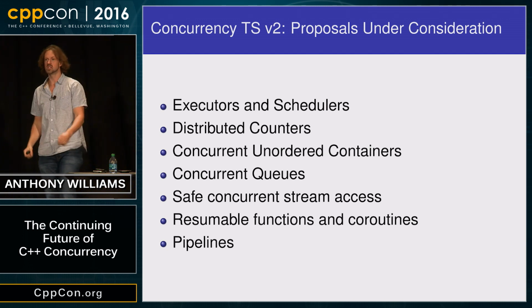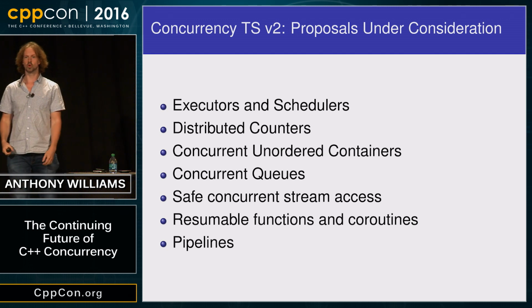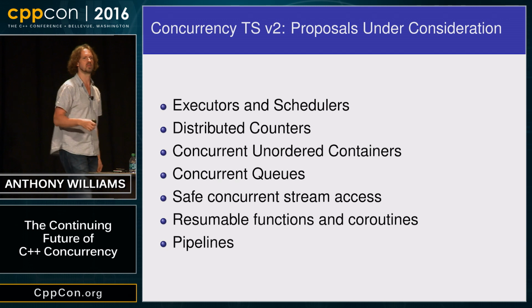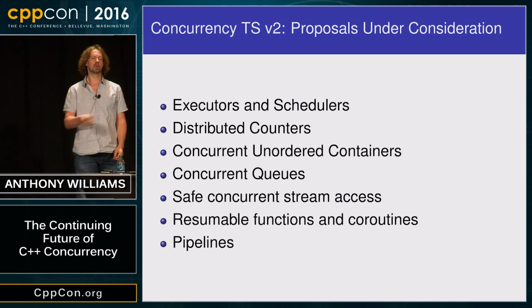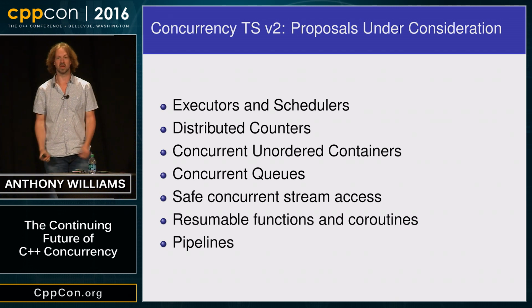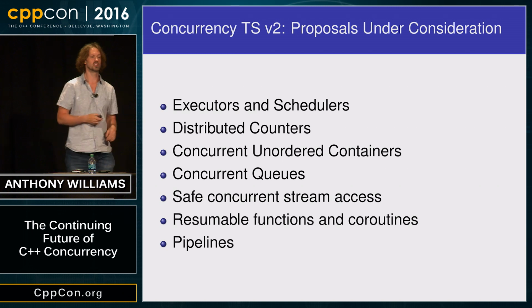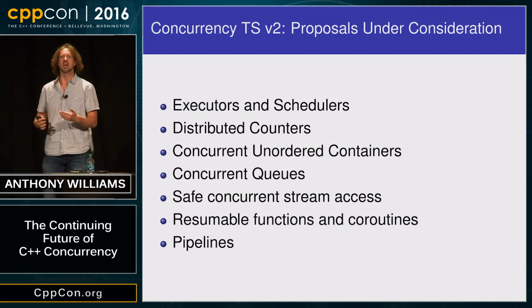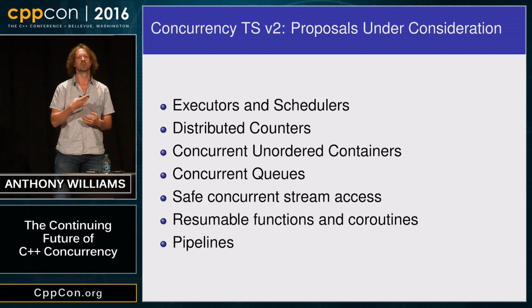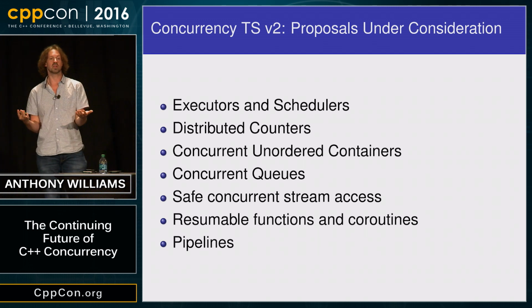Resumable functions and coroutines. There's a whole bunch of talks on that today. The guys I spoke to yesterday had put up a slide and said that it was like a mini coroutine con. So yeah, there's a whole bunch of stuff on that. That allows you to simplify code, again, with asynchronous stuff.